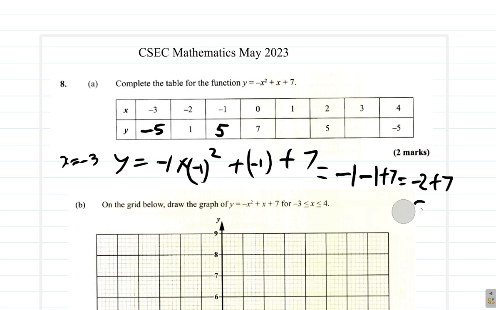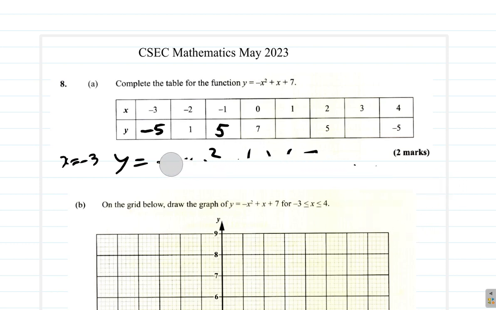Now, we go to the next number, which is 1. And remember, if you had tried the previous one and didn't get it, you should try this one. You must keep trying it.